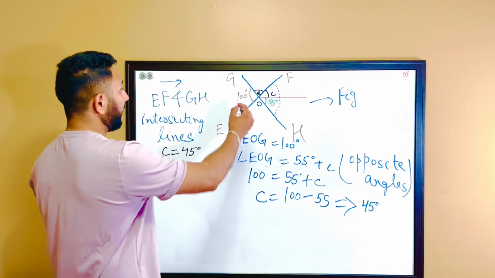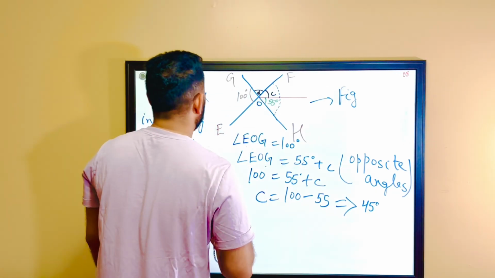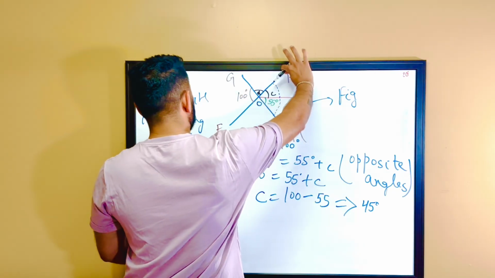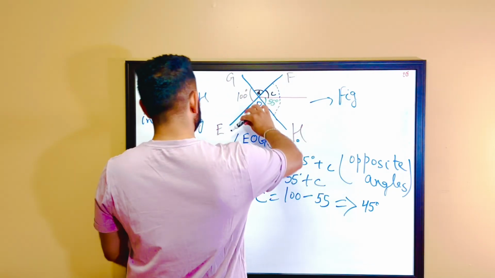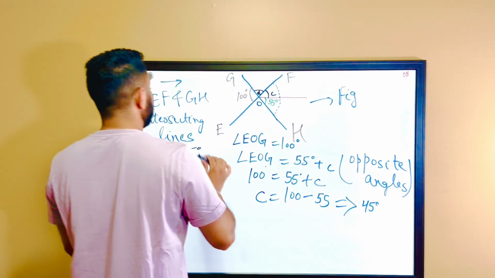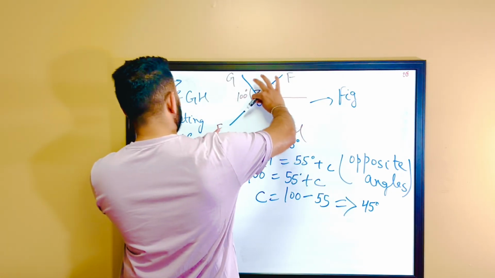And in order to find out D, let's consider this straight line EF, and we know that the angle made by a straight line is 180 degrees.